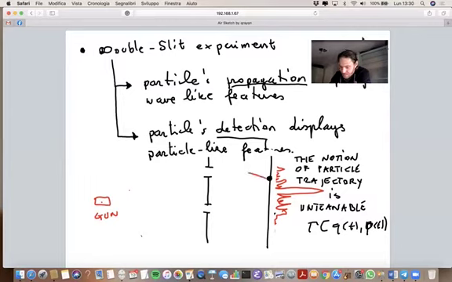Because if I knew, it could have been this momentum, demonstrating that the particle came from this hole, or it could have been this momentum. So you cannot specify both position and momentum at a given time when you perform a measurement on the electron.